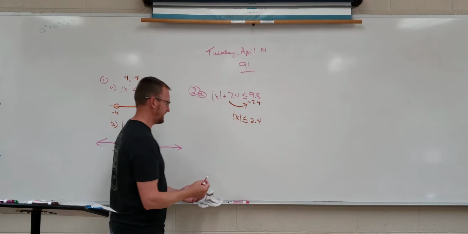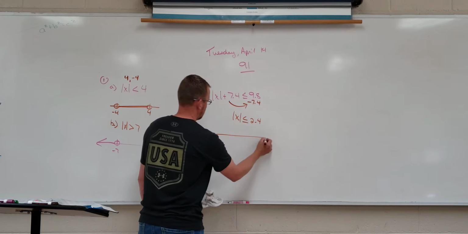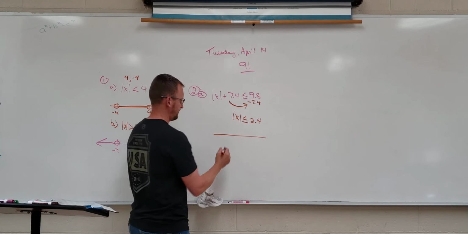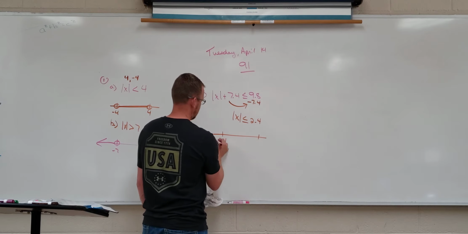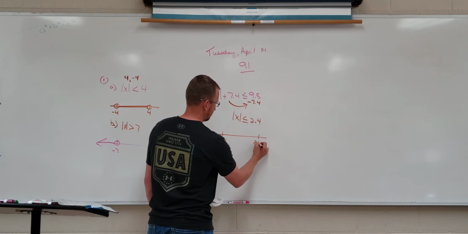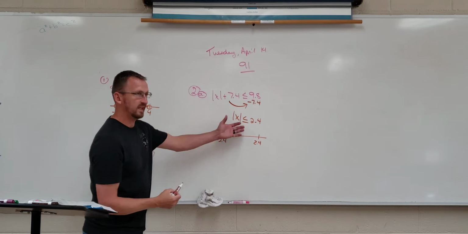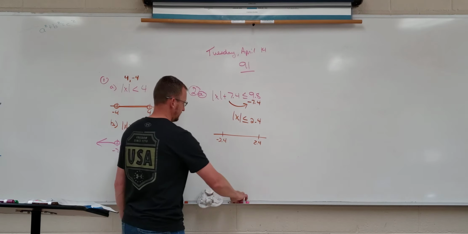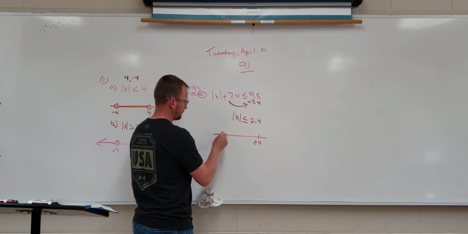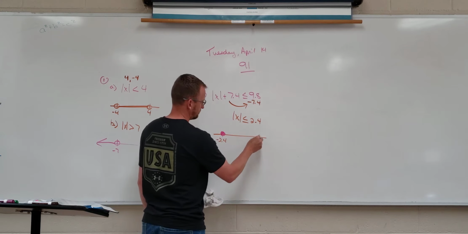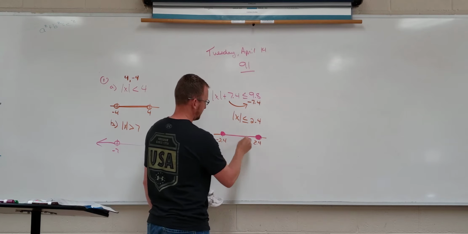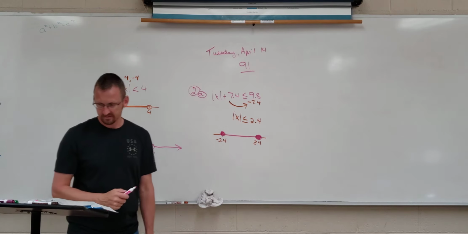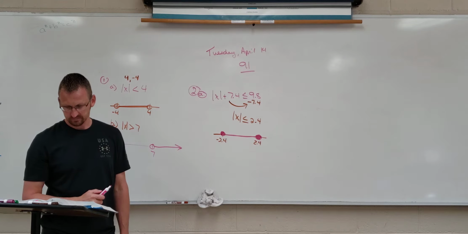So to graph that, guys, I'm all about doing these easy. 2.4, negative, positive 2.4. If it's less than, again, a conjunction, equal to means we fill in our circle, means that it's going to connect them. Less than, a conjunction.